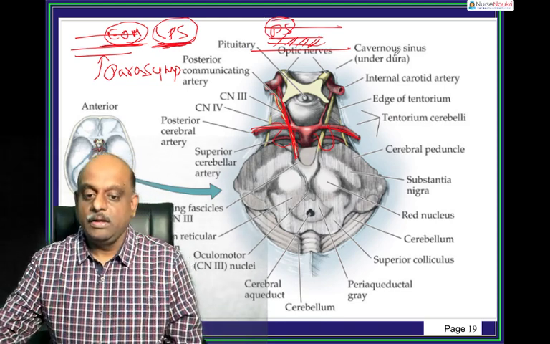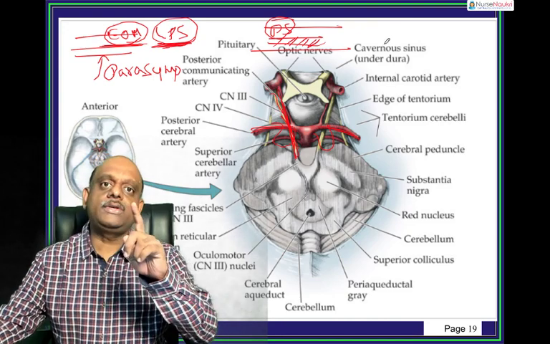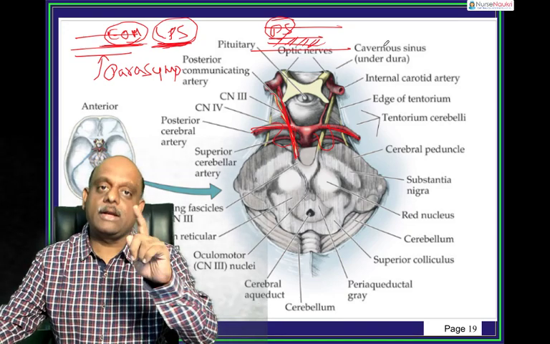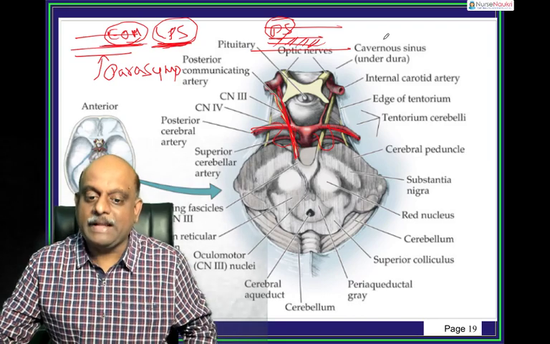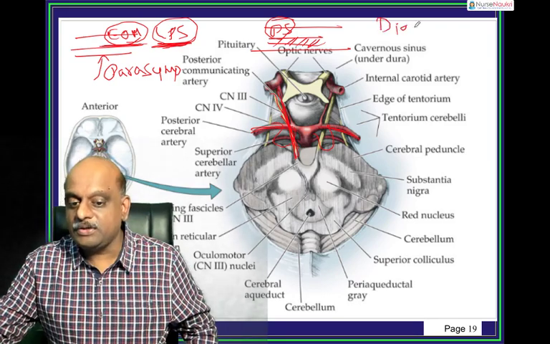Now, there is one medical cause that leads to oculomotor palsy. What is that? Diabetes.